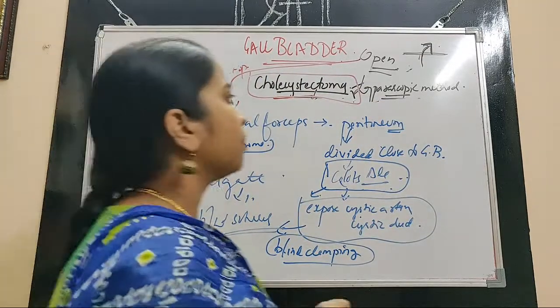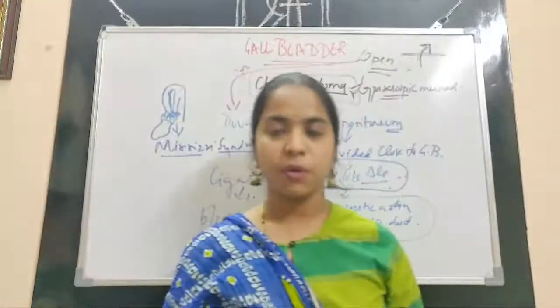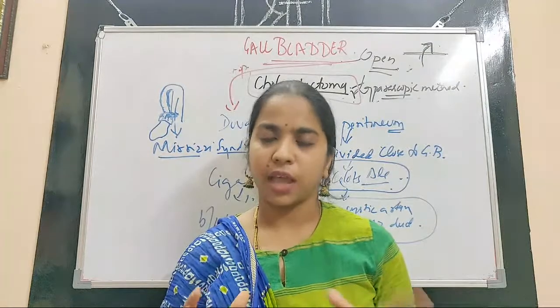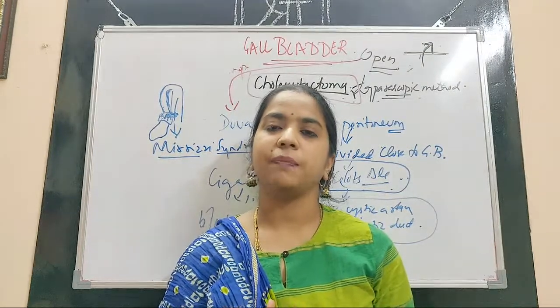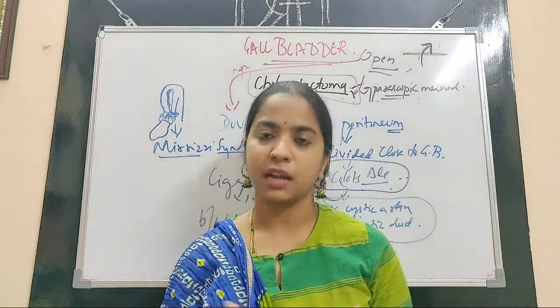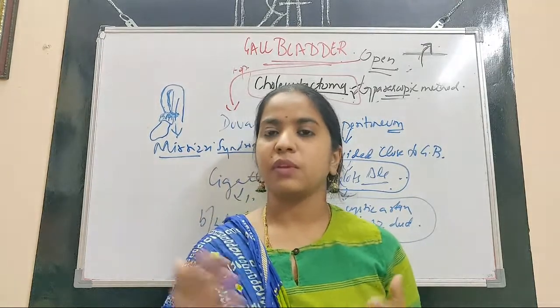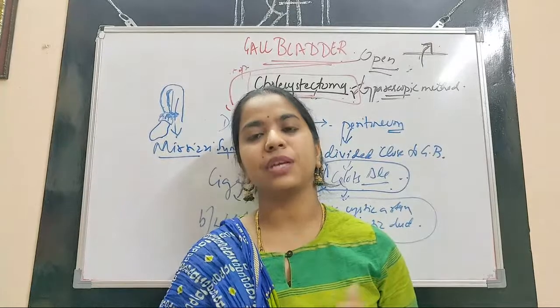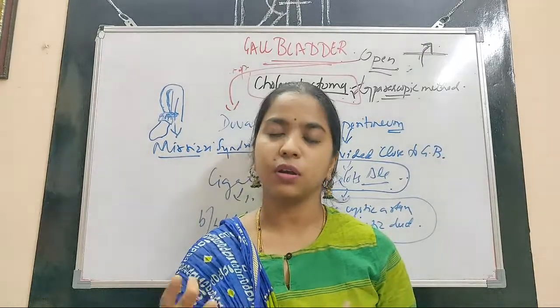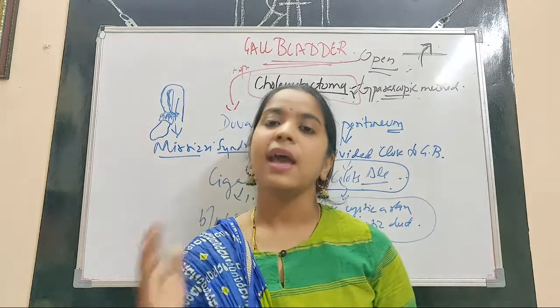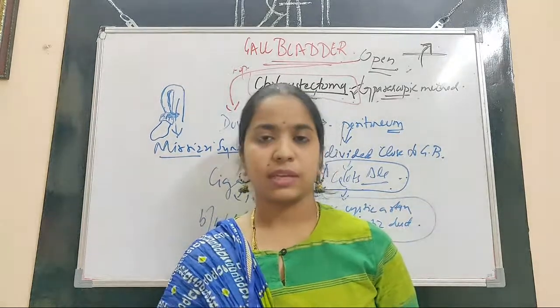So in today's session, we saw how a laparoscopic method is carried out and what the basic interventions are, starting from the main port to development of the pneumoperitoneum. With that background of laparoscopic surgery, we saw how the laparoscopic cholecystectomy is done, and how an open cholecystectomy is done.